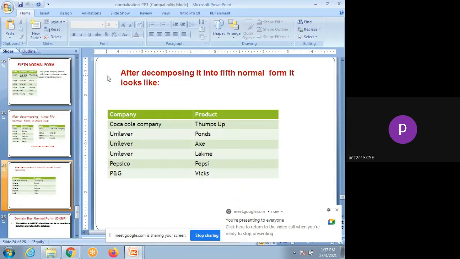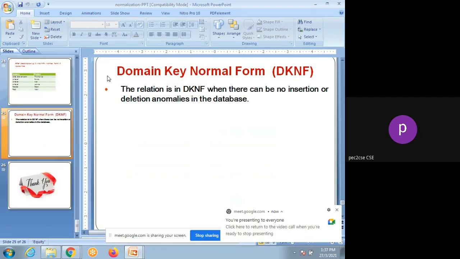And the last one is domain key normal form. Actually, domain key normal form is not there in your syllabus, but you should know what is what at that level. If there is no insertion anomaly or deletion anomaly in a table, then we can say that the particular database is in domain key normal form.